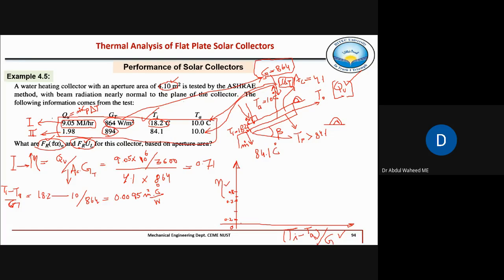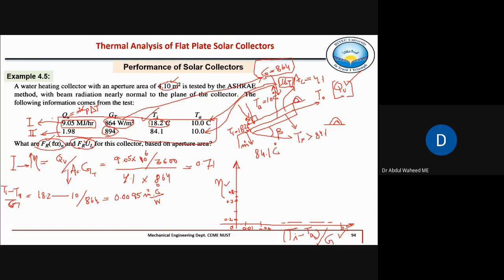Now you have to show it on this graph. This is 0.01, 0.02, and so on. Now, for example, this is 0.1.